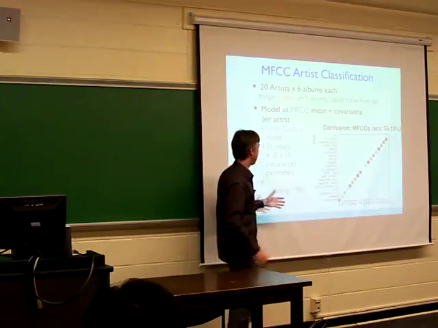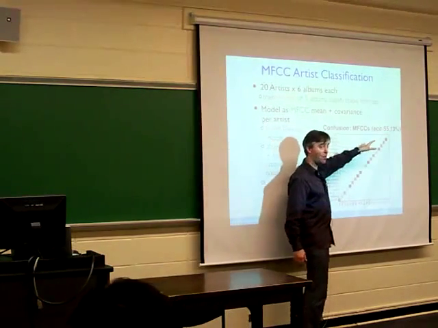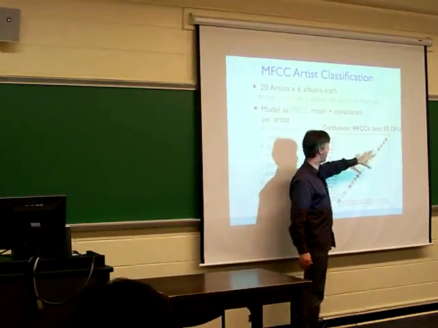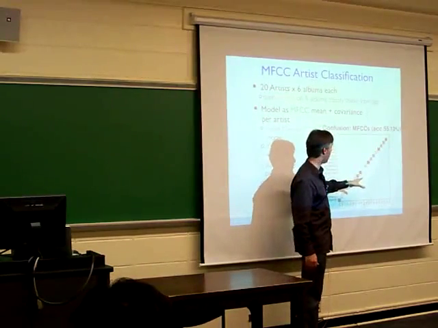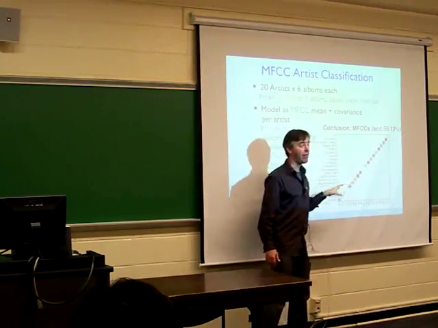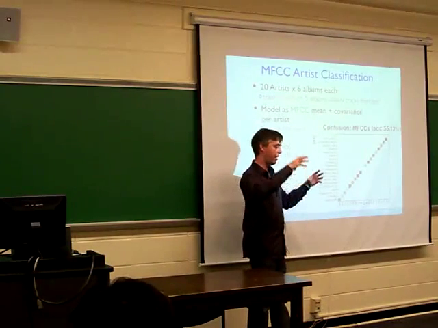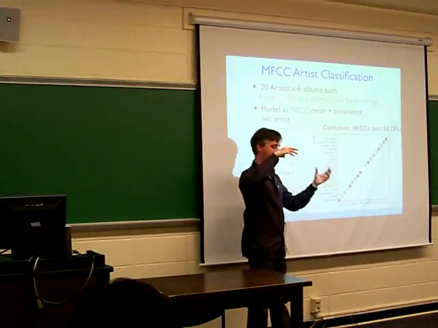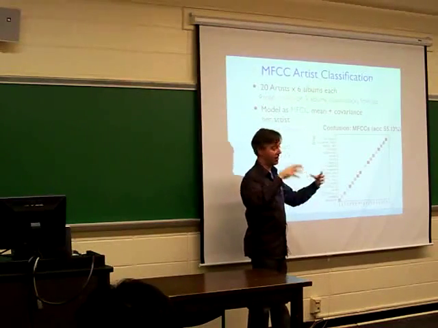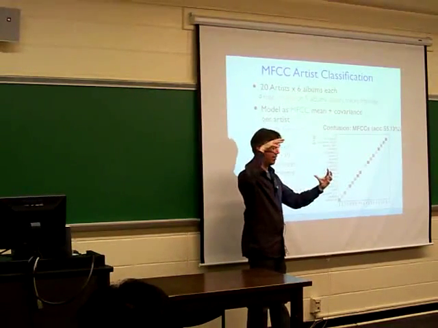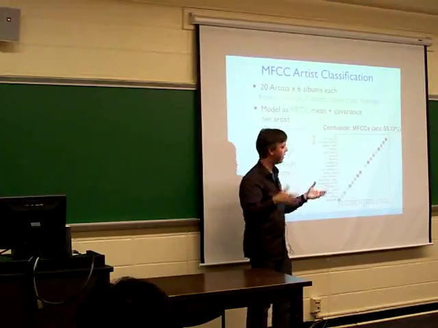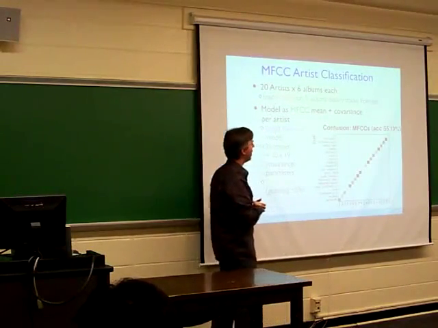So this works okay, but actually, there are much better things now. This is a pretty simplistic piece of machine learning, because the idea that there are just clouds in space and that I can model them with a single Gaussian rather than anything more complicated is not a terribly sophisticated approach.